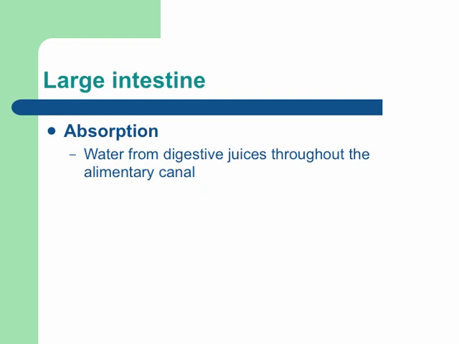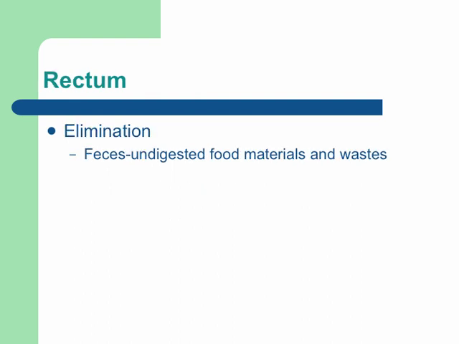It stops absorbing the water into your bloodstream, and you start having diarrhea. And diarrhea is actually the #1 killer of kids in the world, because if you become dehydrated, your body cannot work. Rectum, it's where stuff hangs out, so it's the end of your colon. Stuff is hanging out until you can eliminate.